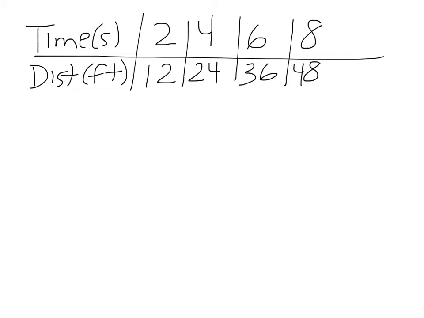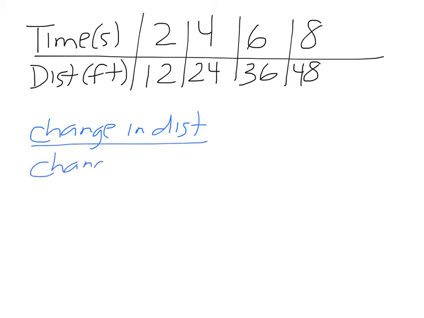To find the constant rate of change, what I'm really going to look at is how things change. So for example, I'm going to look at the change in the distance over the change in time. And why do I put distance over time instead of time over distance? It's basically I'm putting the dependent variable over the independent variable.